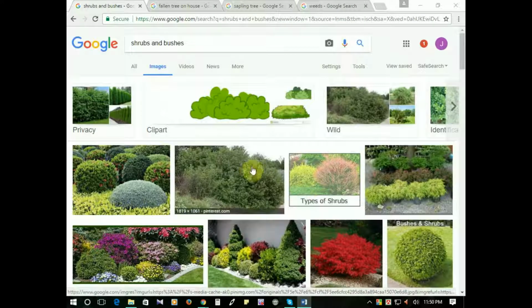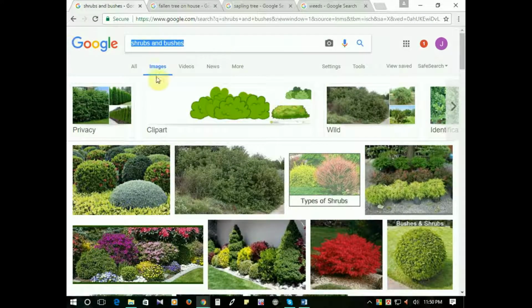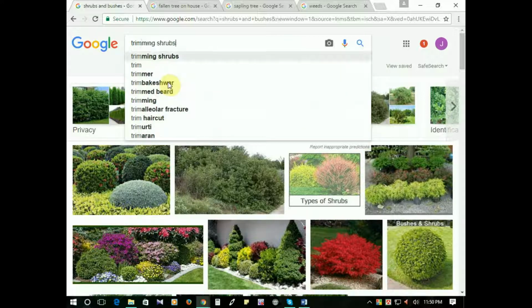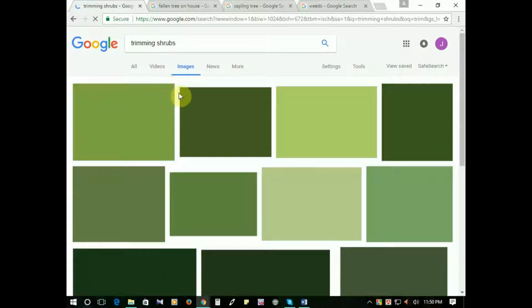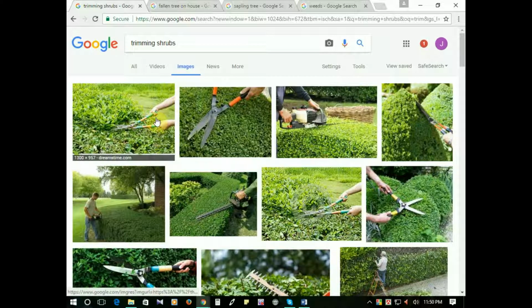So if you don't understand what trimming of bushes is, this is what trimming means, basically cutting and shaping them. Trees will also need to be trimmed if they are touching the house or the fence line, and need to be removed if they fell down due to storm or any other reason.